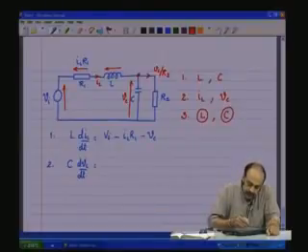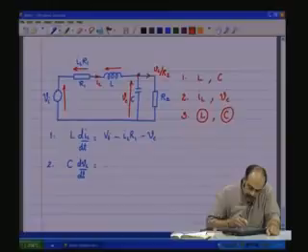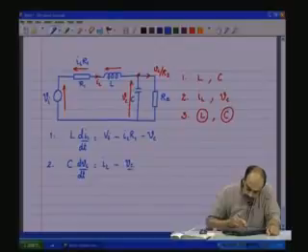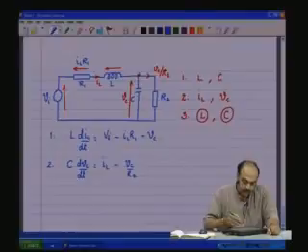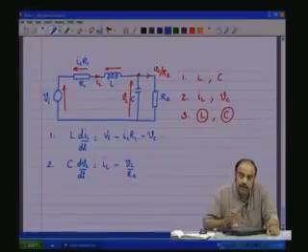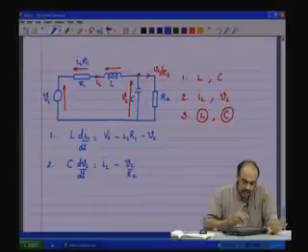So therefore, the current flowing through C is IL minus Vc by R2, as simple as that. So these two equations, there are two dynamic components or the energy storing components, and therefore there are two equations, and these two equations totally describe the dynamic behavior of this circuit.